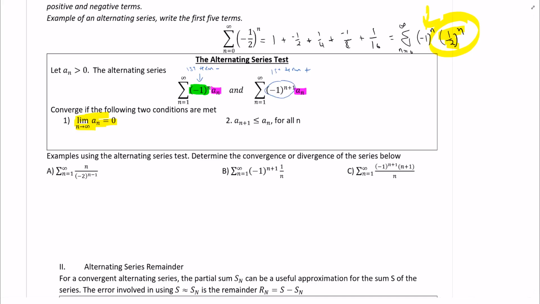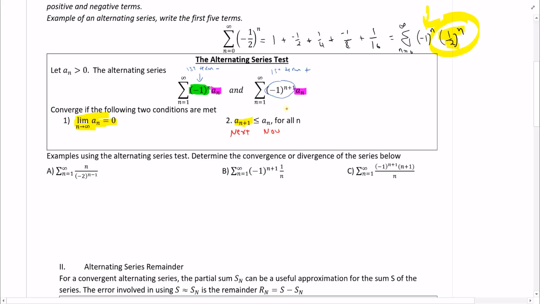And then the second condition is that the next term is less than the current term for all n, then it will converge. The n plus 1 means we're on the next term. So every successive term is less than the one before it. If we keep going, the terms will be decreasing.